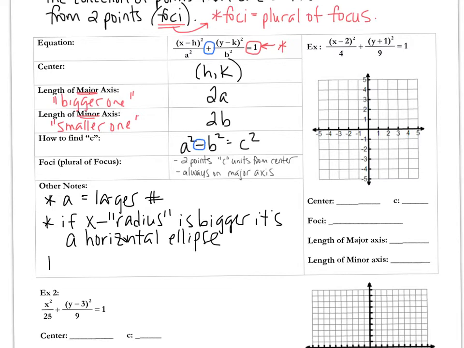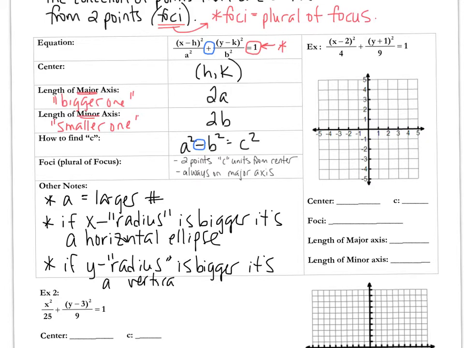And then similarly, if the y radius is bigger, that makes it vertical. And I'm putting radius in quotation marks just because it's not really a radius, but it's the same type of graphing thing that we did for circles when we use the radius up, down, left, and right. So if the y radius is bigger, then it's a vertical ellipse, meaning it's longer than it is fat, I guess. Kind of a weird way to say it.